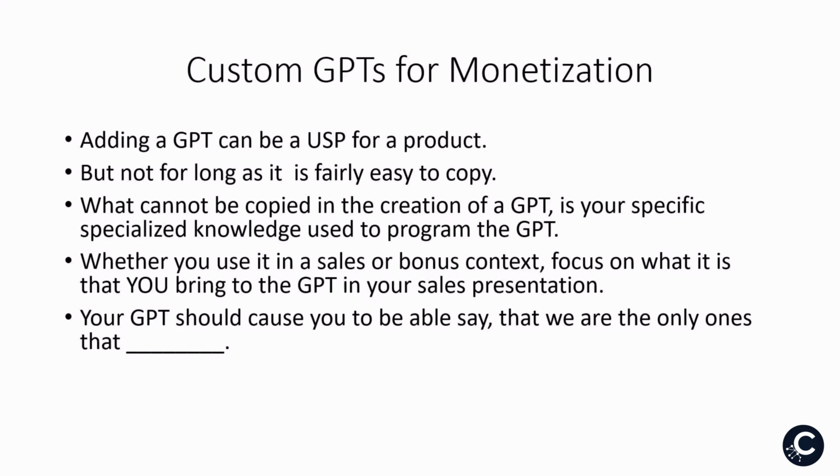You want to be able to say, we're the only ones that do blank. That's what your brand should say anyway. You should have a USP for your brand: we're the only ones that do this, we're the only ones that do it this way, we're the only ones that deliver this. That should be something you say about your brand, regardless of what you sell. So it's especially important when you're an information marketer.